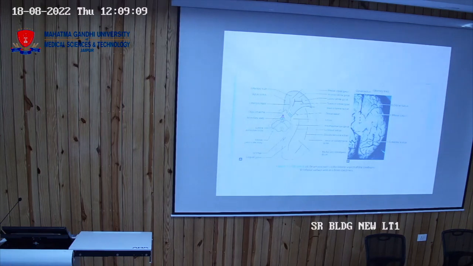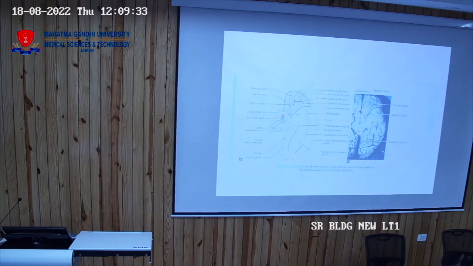After seeing this, when we see the surfaces of the cerebral hemisphere, we have discussed many times that the surfaces are not smooth. They show invagination, and between the invaginations there are raised parts.